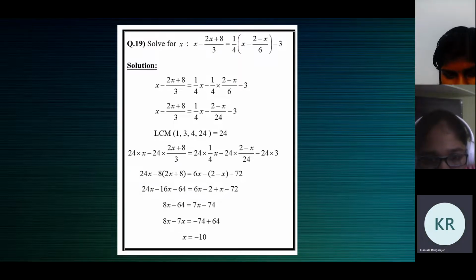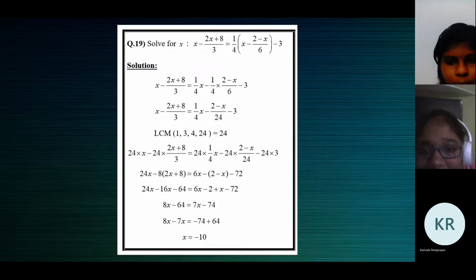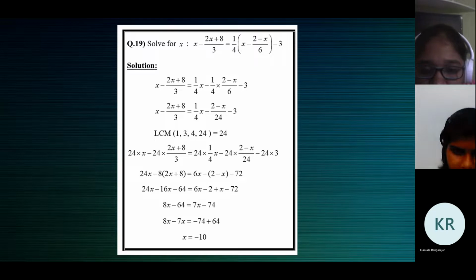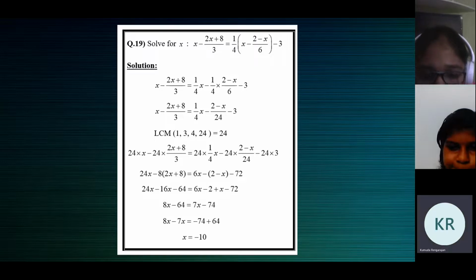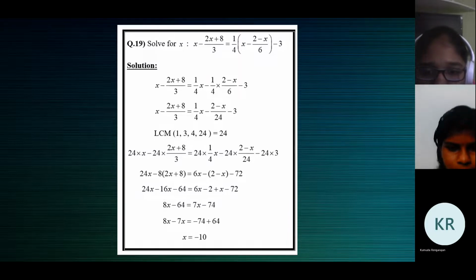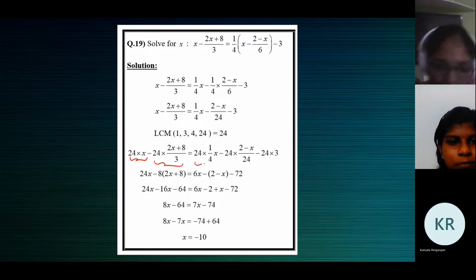Okay, good. Nandana, how many terms in the RHS? 3 terms, ma'am. What will you do in the RHS to the 3 terms? Ma'am, we need to multiply all the terms with 24. Correct. We need to multiply every term by 24. Can you see that happening here? Yes, ma'am.